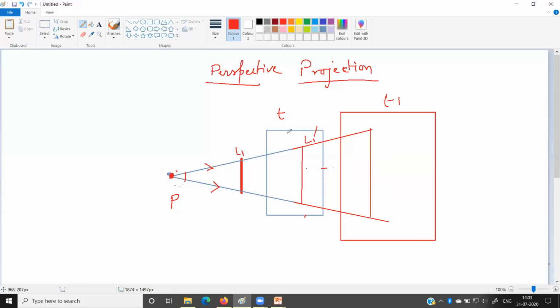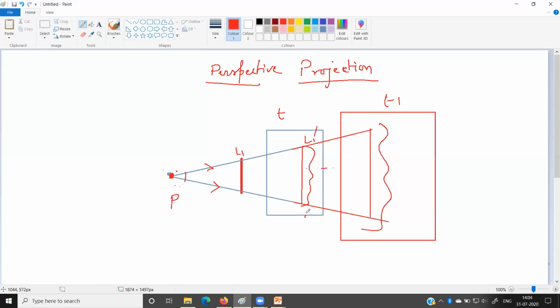Fine. If we take the projection at the position T, you get this projected line, but if you take the projection plane far away from the projection center, the size of the projected image will also increase. So this type of projection is called the perspective projection.